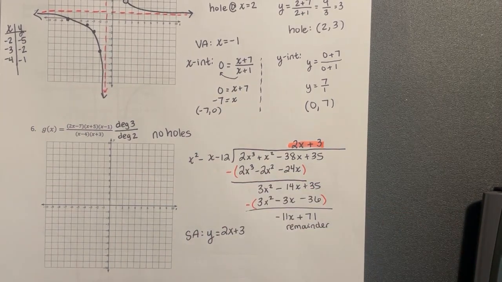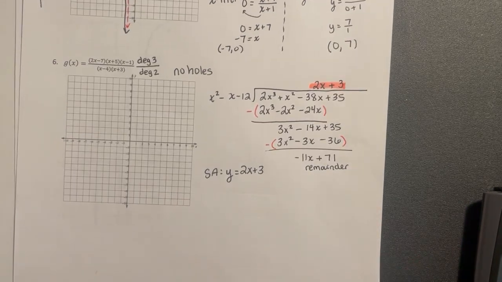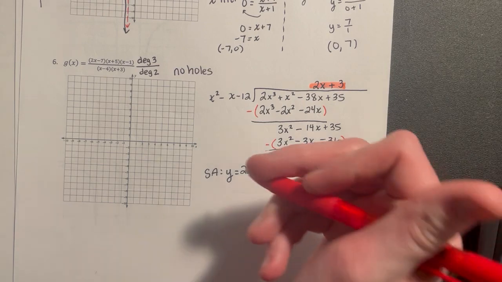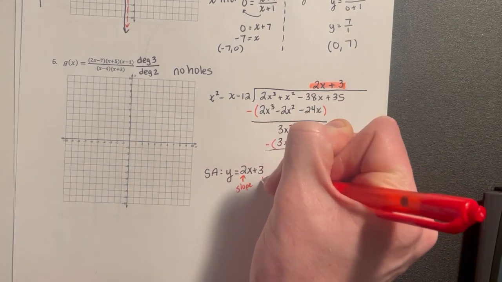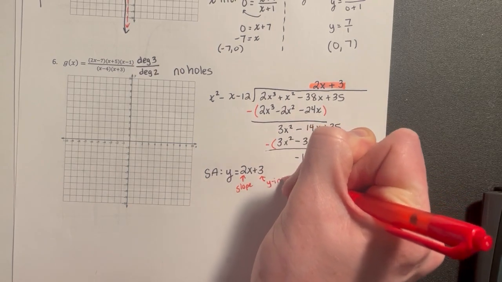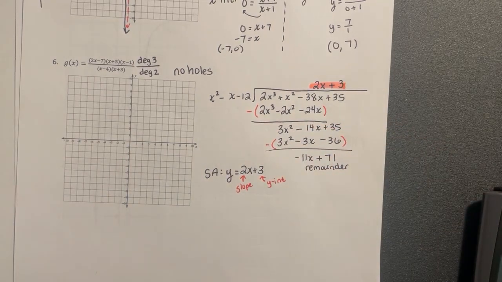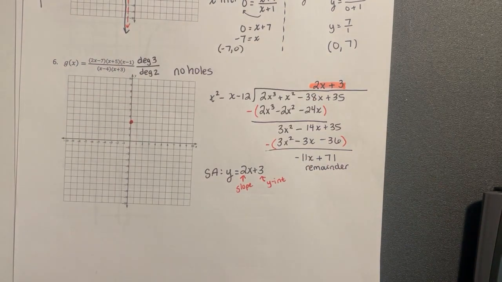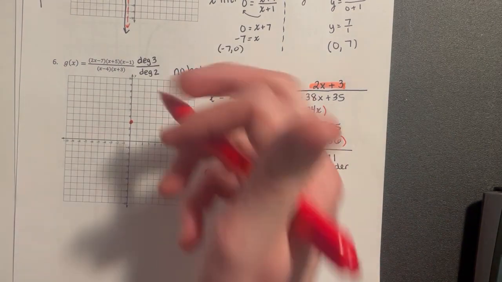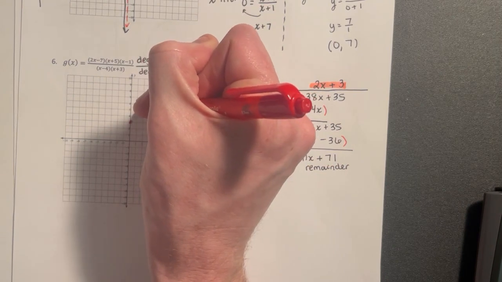This is the first one that we've gotten like this, so I'm going to go ahead and help us graph this. This is a linear function where the slope is 2, and the y-intercept is 3. So I'm going to put my y-intercept first at 3, and the slope is positive 2, which means I'm going to rise 2, run 1.